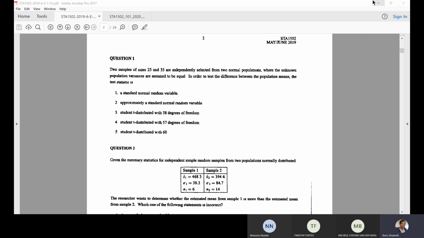In order to test the difference between the population means, the test statistic will be: number 1, a standard normal random variable; 2, an approximately standard normal random variable; 3, the student t distribution with 58 degrees of freedom; the other one says the student t distribution with 57 degrees of freedom; and the last one is the student t distribution with 60.